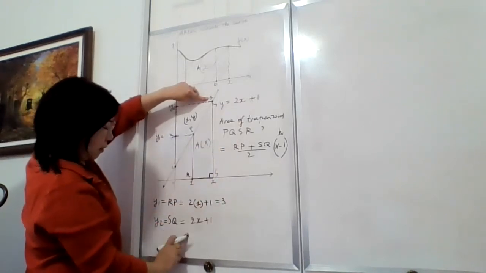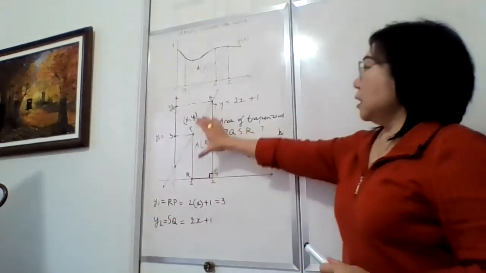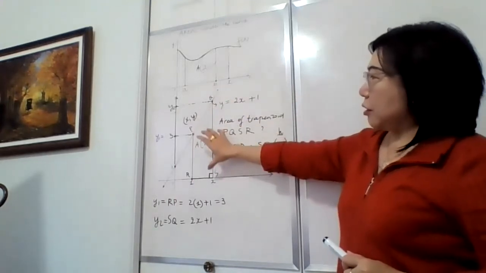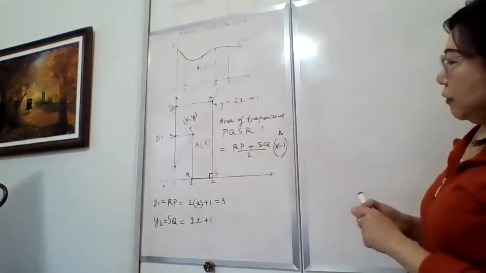So this is SQ. So now we know that the area under the curve is the area of the function. So let's establish the area of this function.